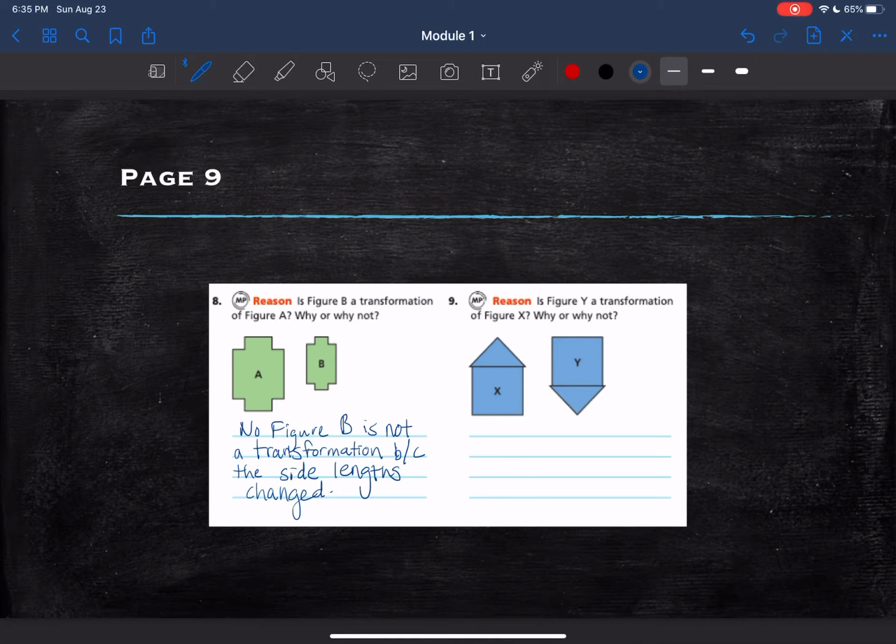And so, yes, figure Y is a transformation. And since the orientation changed, we know that it is either a rotation or it could have been 2 reflections. And we'll get into that in later lessons.